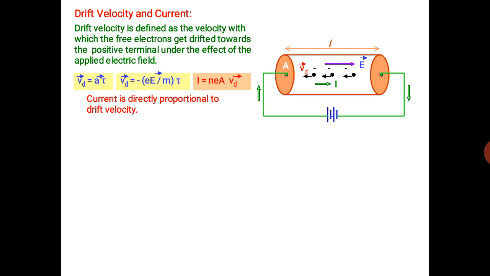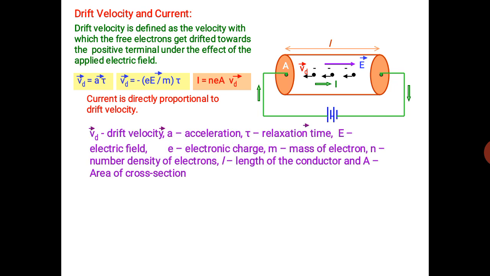From this relation we can say current is directly proportional to drift velocity. If current is more, velocity is also more.